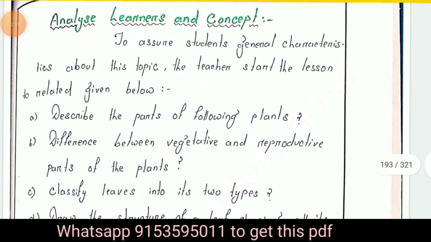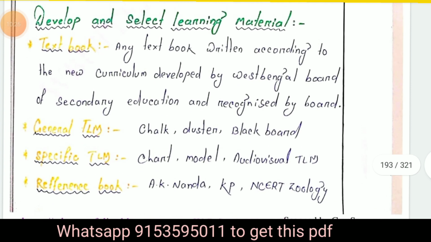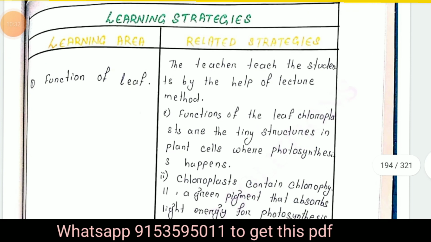Analyze learner and concept. Here some questions are as follows. Develop and select learning material: textbook, general TLM, specific TLM, reference book. Learning strategies: learning area and related strategies. There are two.